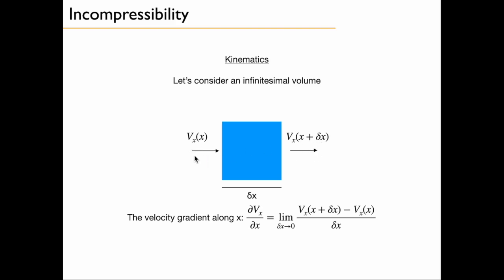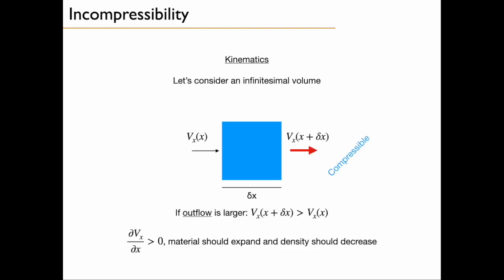Here we have an inlet velocity vx, and an outlet velocity v at position x plus delta x. If we compute the velocity gradient along x, dv dx is the limit as delta x reaches 0 of the difference vx plus delta x minus vx, divided by delta x. That's dvx dx.